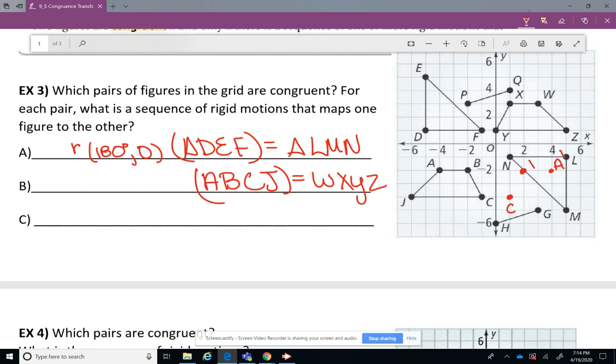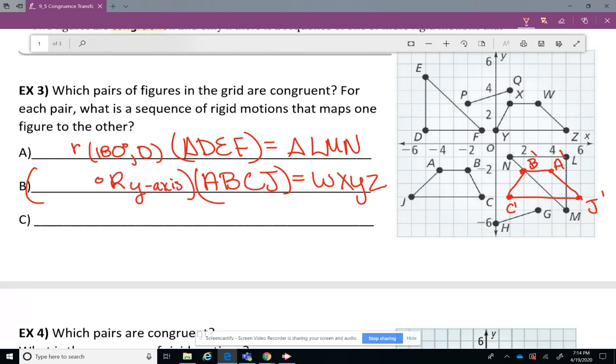I'm going to put A prime, B prime, C prime, and J would be 2, 4, 6. So that would be J. So we could do that. We could reflect it. All right, so let's write that. We're going to reflect it over the y-axis.